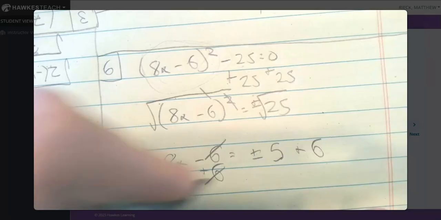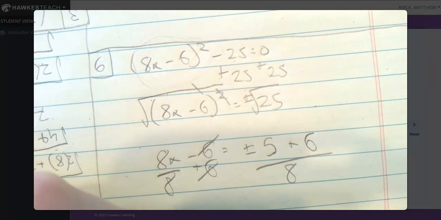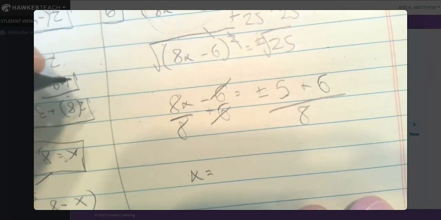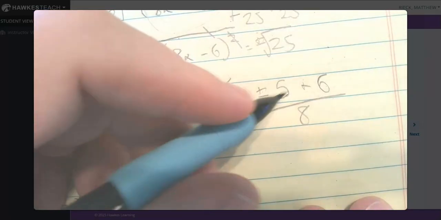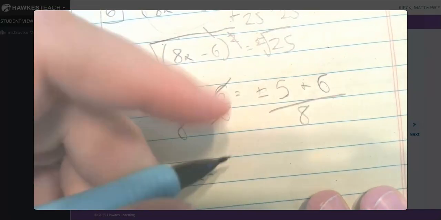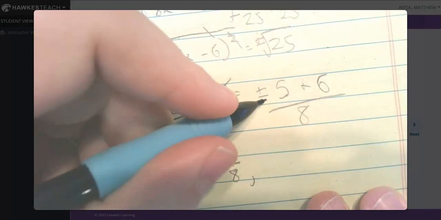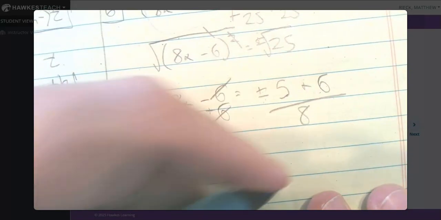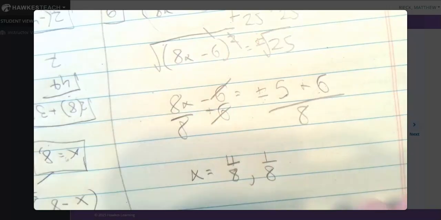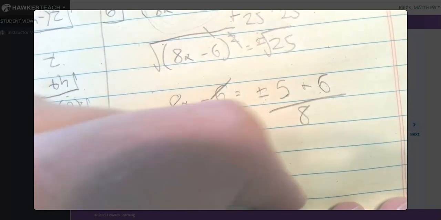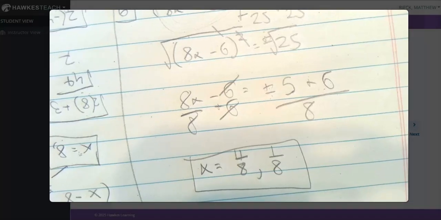Then divide by 8. So when it's positive 5, you have 5 plus 6 is going to be 11, so you have 11/8. And when it's negative 5, we have negative 5 plus 6 is going to be 1, so you end up with 1/8 there. So those are going to be my two answers.